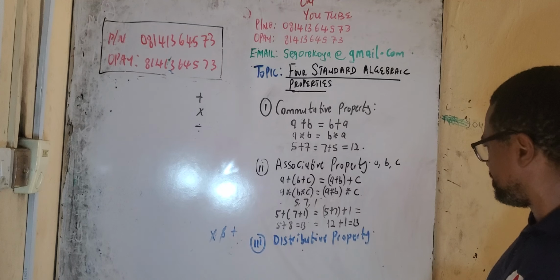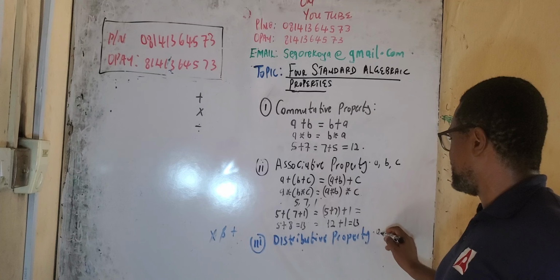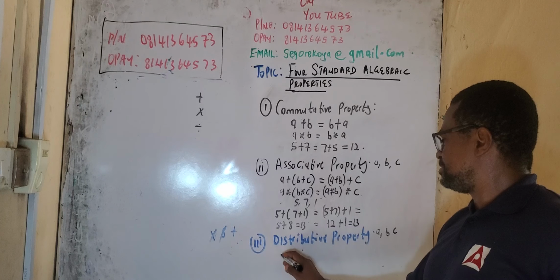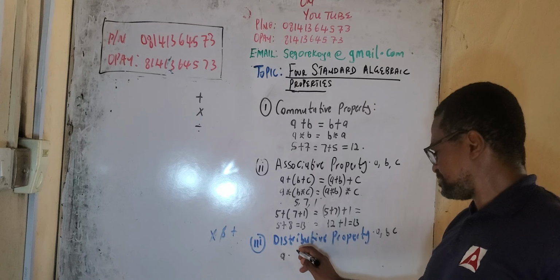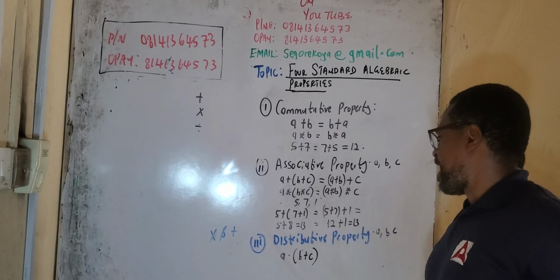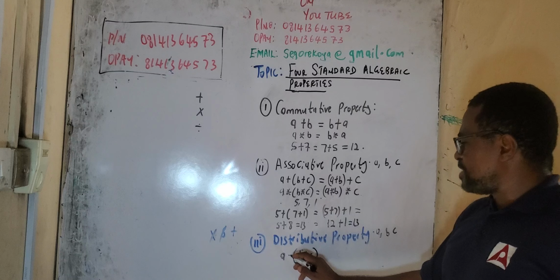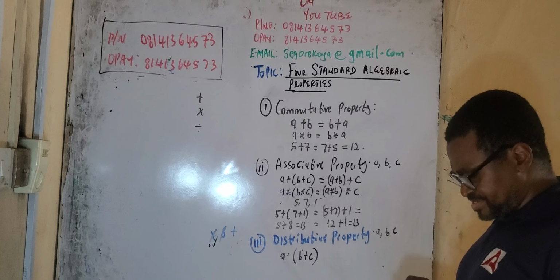Let's say we have three elements A, B, C connected in this format: A times B plus C. These dots I have here represent multiplication. Please take note of that.